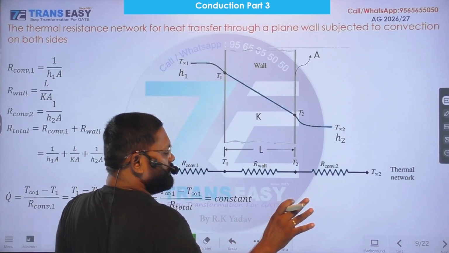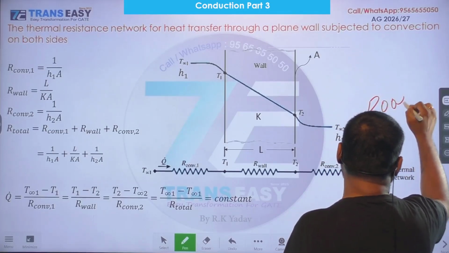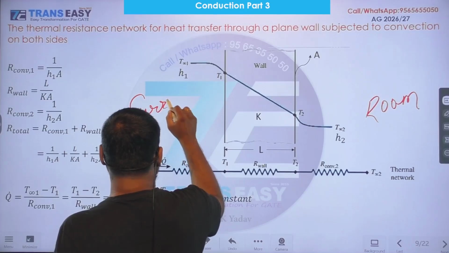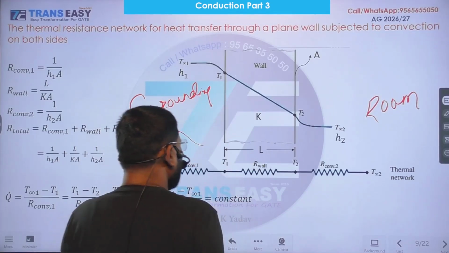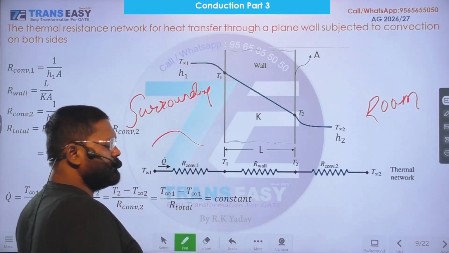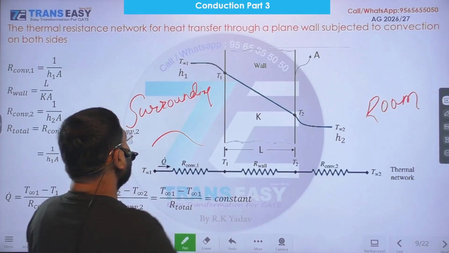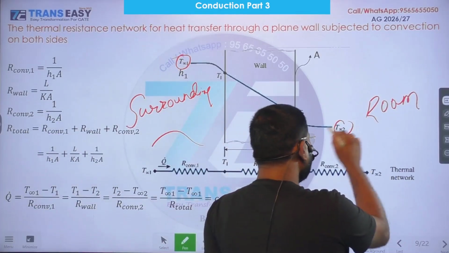Dear friends, suppose this is the room wall. This is room, space. And this is surrounding. And we are taking example of summer season. Outside temperature is higher, so T infinity 1 is higher than T infinity 2.